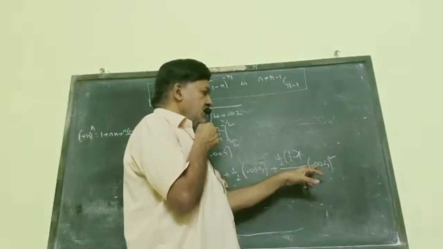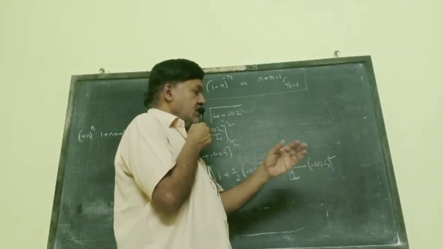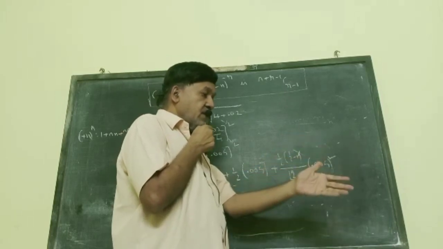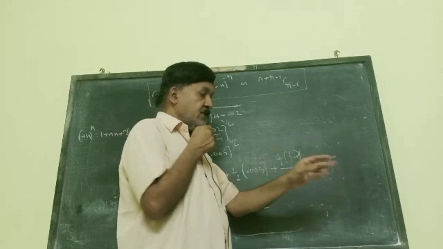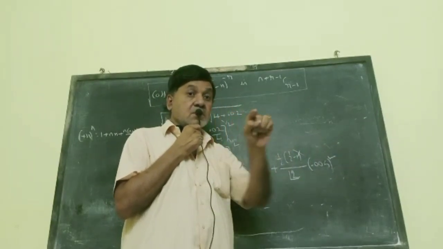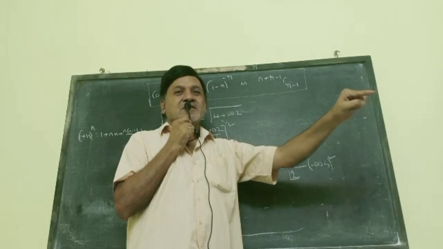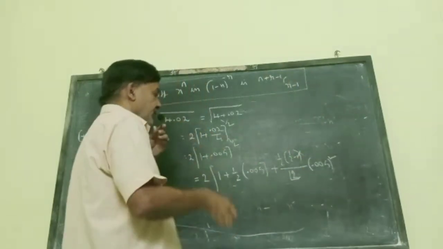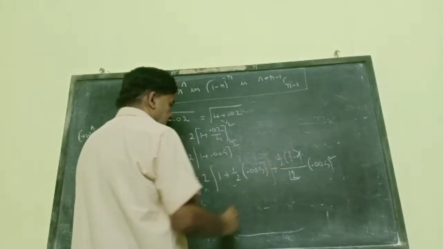If you observe this, you will get what? 0.005 means 5 squared is 25. Then you should get 6. So 0.00025 you will get. So after 4 decimals you can neglect. So this quantity can be neglected. We will consider only these 2.